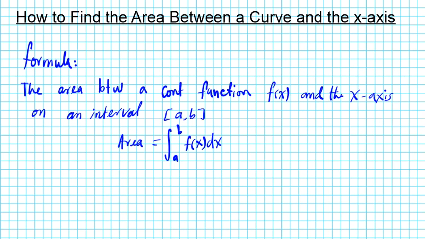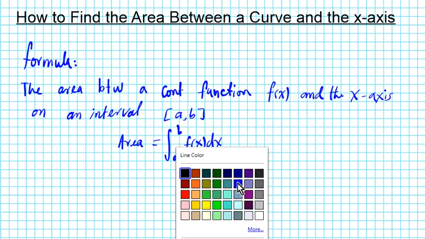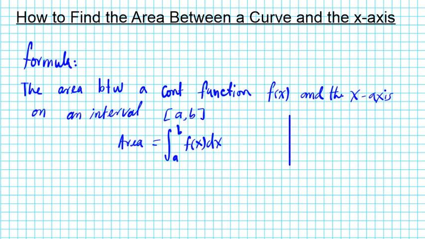So let's say we have a function, let's say it's a curve, and we want to look for the area between two values between a and b. So let's say this is a and this is b.